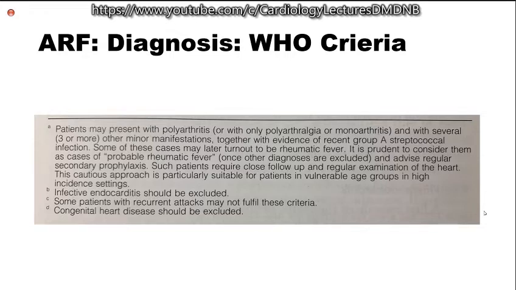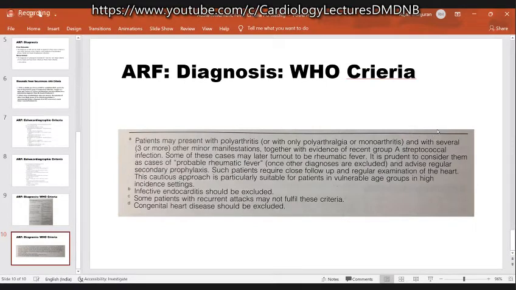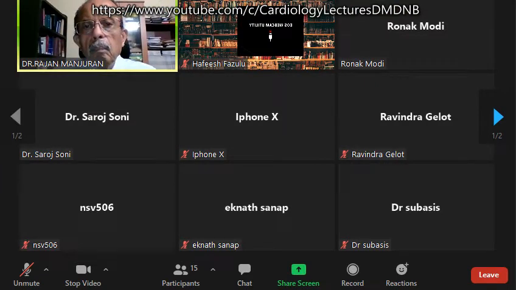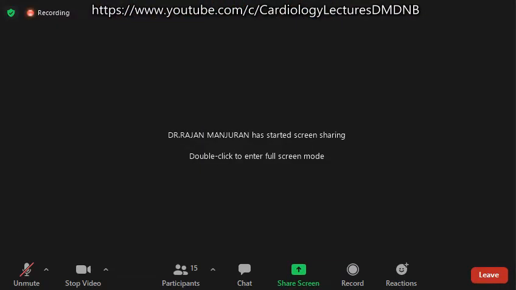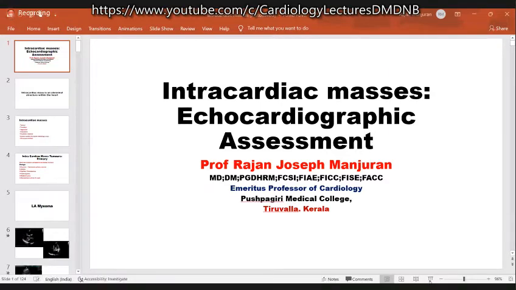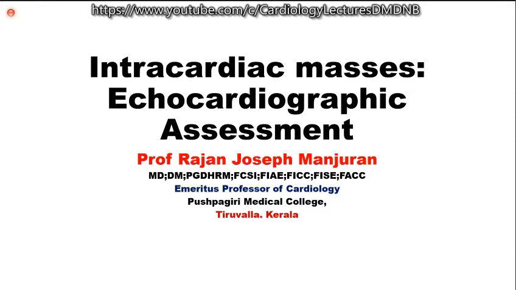So slightly different from what we are regularly doing. Okay, let us look at intracardiac masses, echocardiographic assessment.